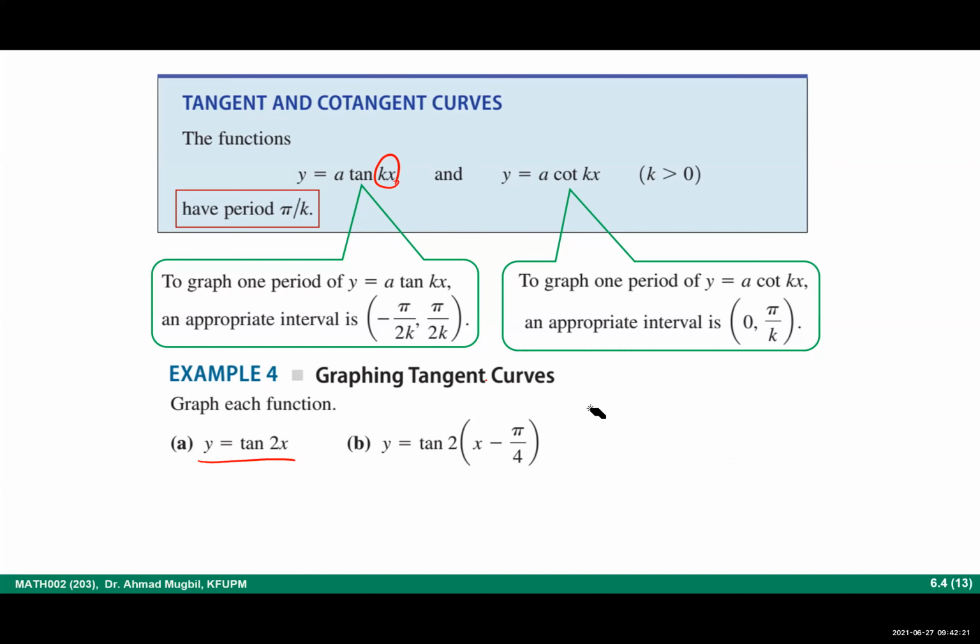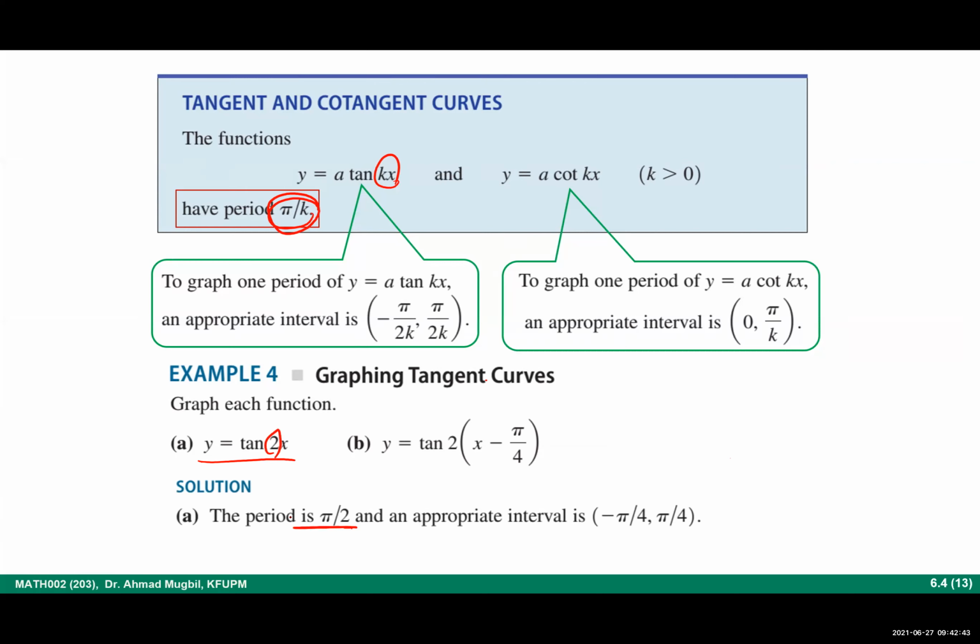What is the period of this function, ya Sultan? Tan 2x, what is the period? I think that it is pi over 2. You are right. It is pi over 2. Look here, this is k. So the period is pi over k. Thank you, ya Sultan.